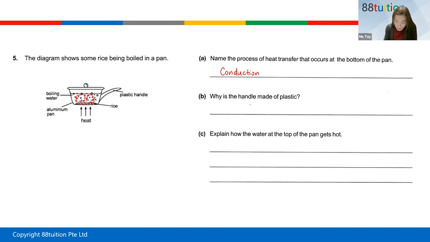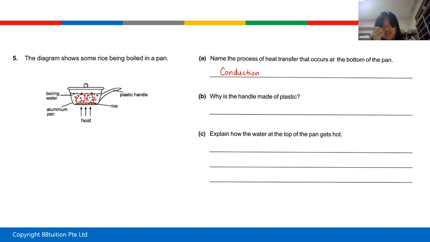So we go to part B first. Why is the handle made of plastic? Why do you think the handle is made of plastic? The bad conductor of heat. Yeah, it's a poor conductor of heat. But you're not answering the question there.